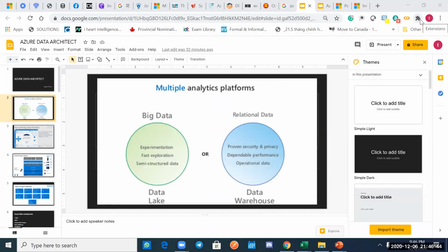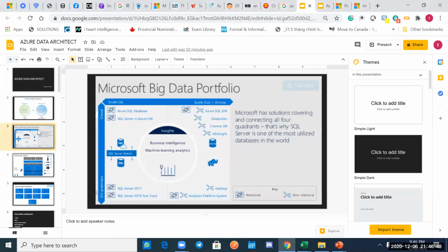Okay, so let's go back on this big data portfolio. You remember on my other sessions, we always talk about scale up, scale out, on-premise, and on cloud. So how all of these fit on the portfolio here.